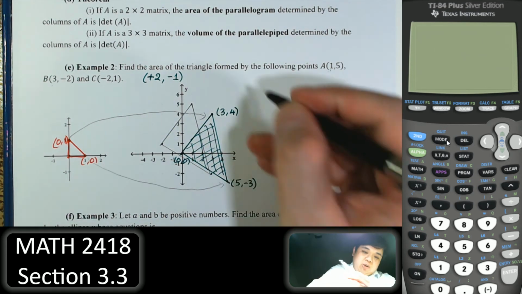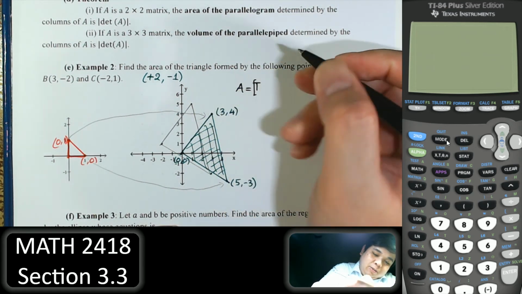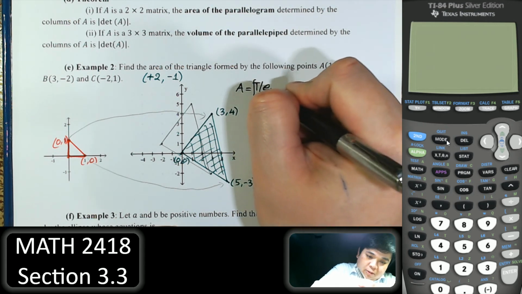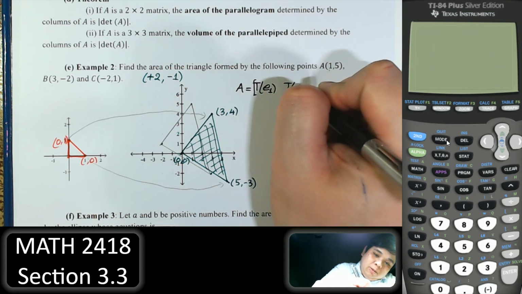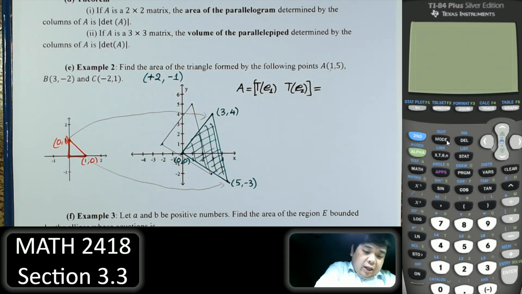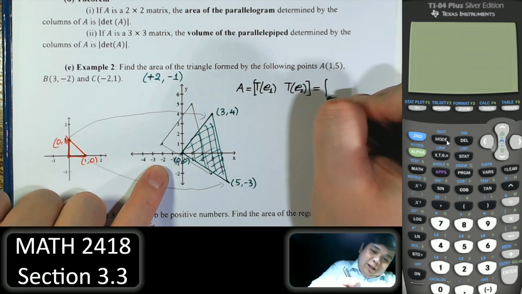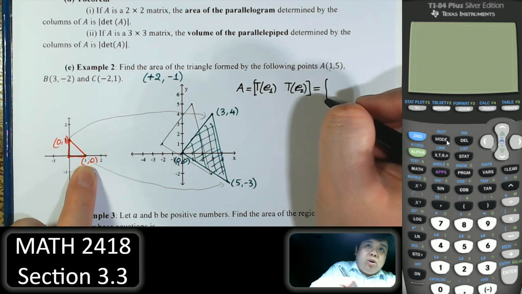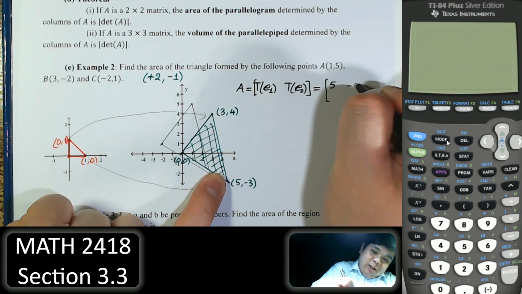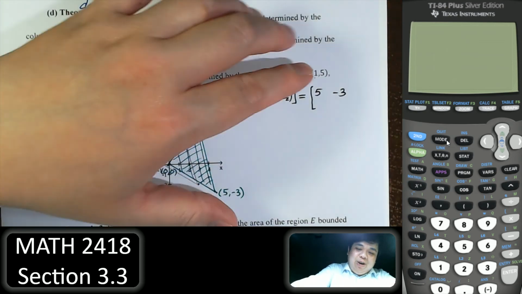So the transformation of E1, which is this point, is 5 and negative 3, and we have to write it as a column too.